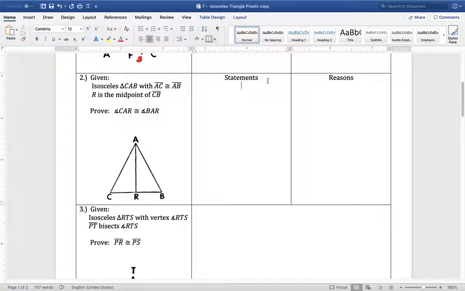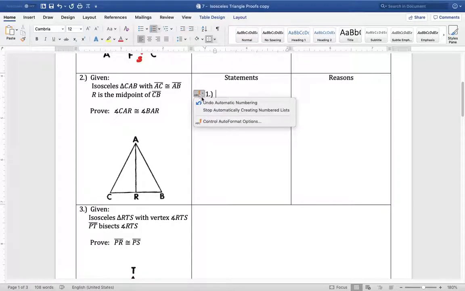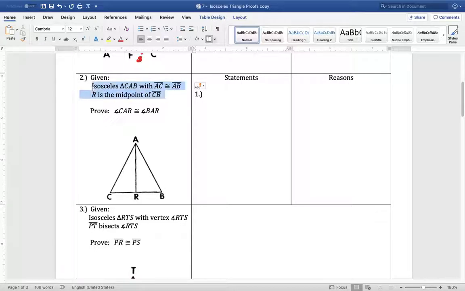While you're labeling or trying to figure out what you need to do there, you can write this in. I'm just going to take the givens and let me just put all this here.